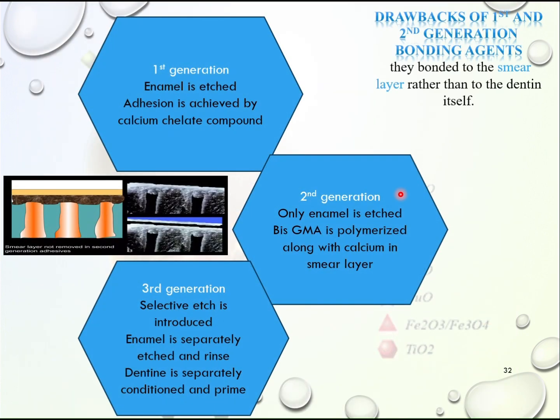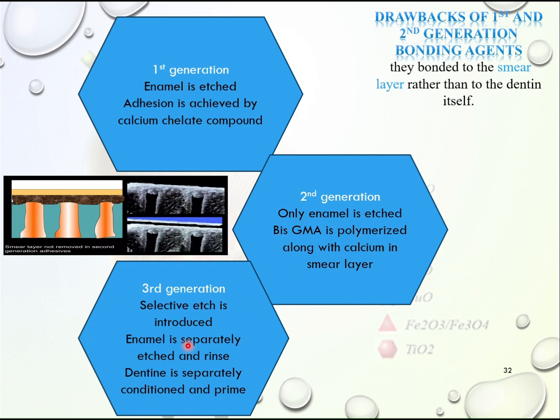So now we'll discuss briefly about the different generations. In the first generation, they were etching only the enamel. Later, when they said that even the dentin has to be etched, that was the 3rd generation. While they were etching only the enamel, they also tried increasing the strength, so in the 2nd generation they tried adding bis-GMA.